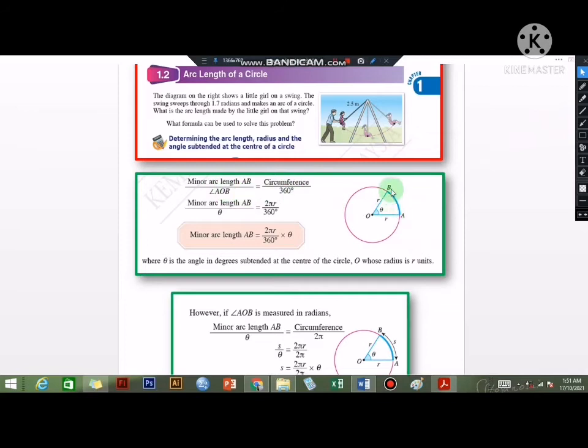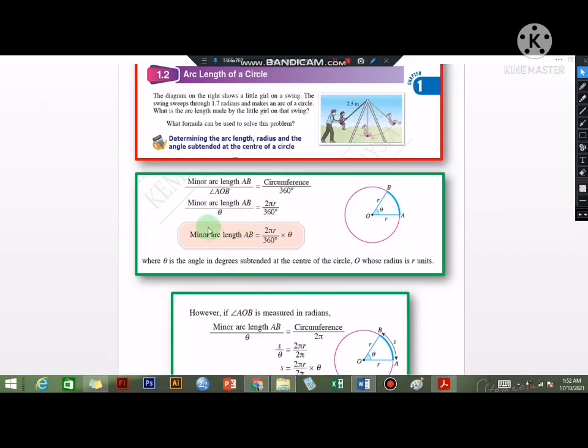Before this, in maths, you already learned that in order to find the minor arc length of AB, the formula is minor arc length AB over angle AOB, equal to the circumference, which is 2 pi r, over 360 degrees. So angle AOB is equal to theta, so theta equals 2 pi r over 360 degrees.